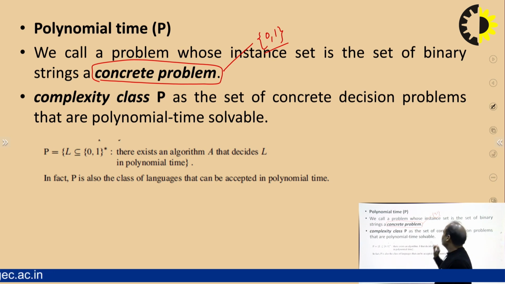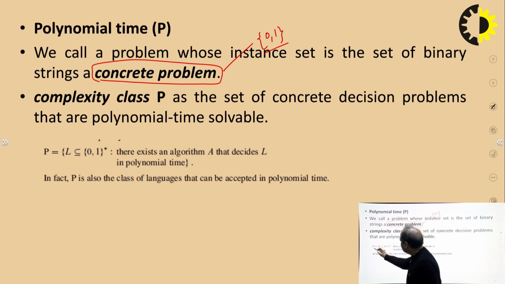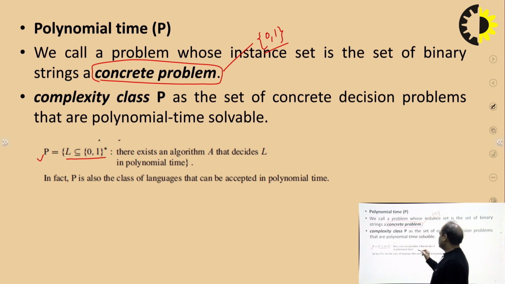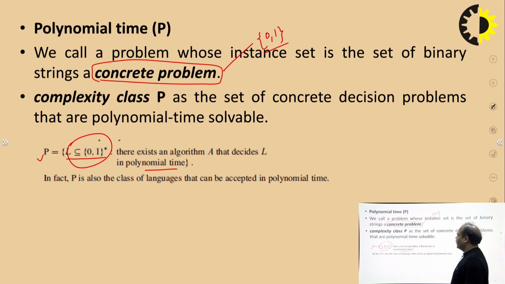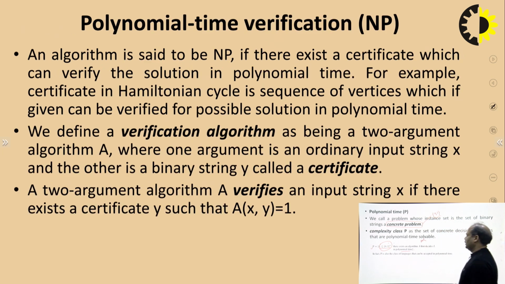So what is the complexity class P? This is the definition: all the languages over 0 and 1, if there exists an algorithm A that decides L in polynomial time. That means in order to show a problem to be in P, first convert that problem into 0 and 1 and then find an algorithm A which can decide that problem in polynomial time. Clear? So this is the class P category.